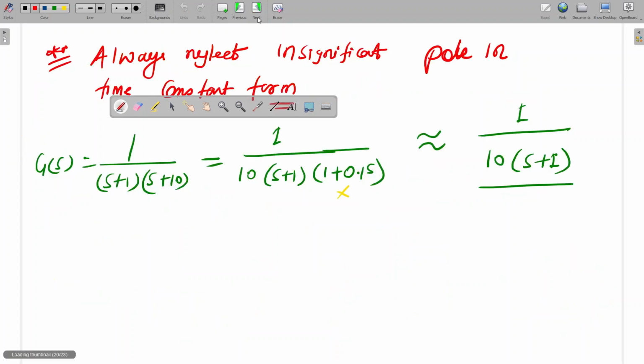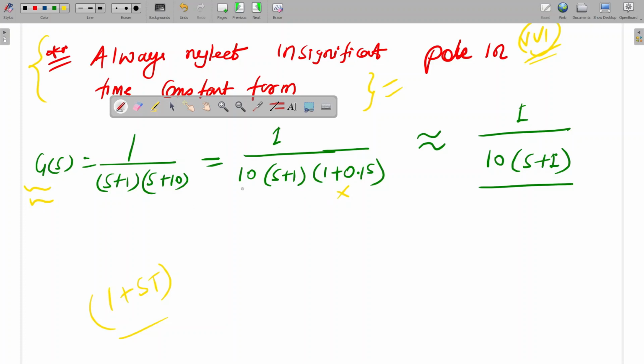And one rule is there, this is the most important rule. Here we make the mistake in the exam. Whenever we are neglecting the insignificant pole, what should we do? Always we should neglect that pole in the time constant form. Time constant form means 1 plus sT. So this is the transfer function, I am converting it into the 1 plus sT form.